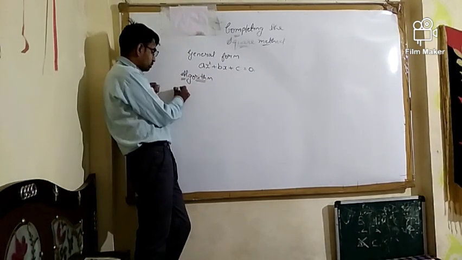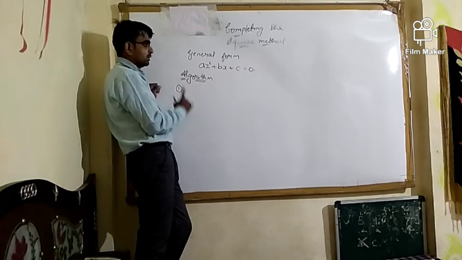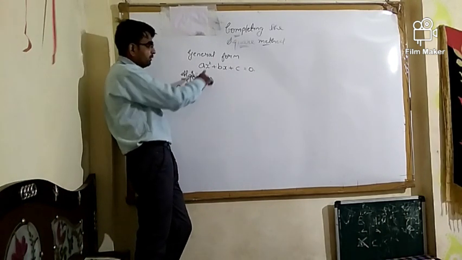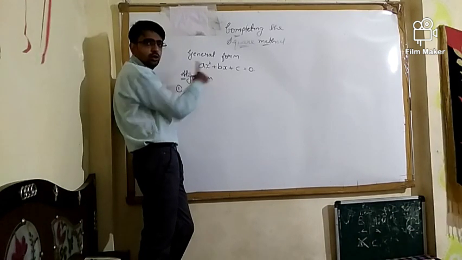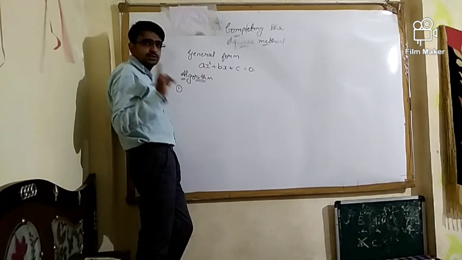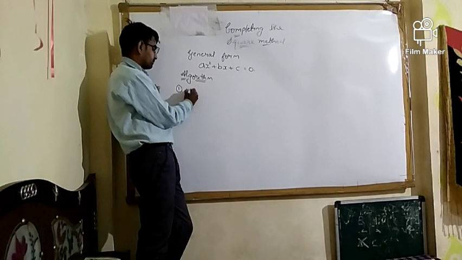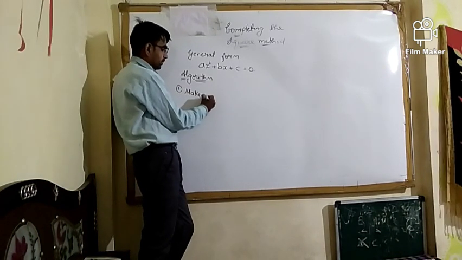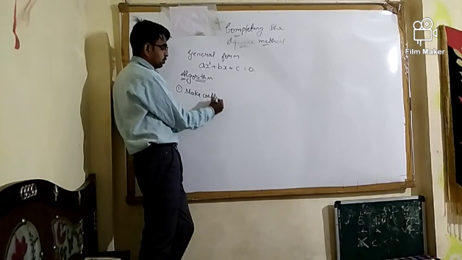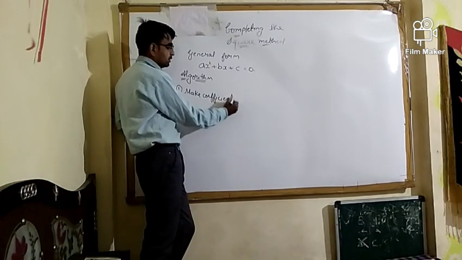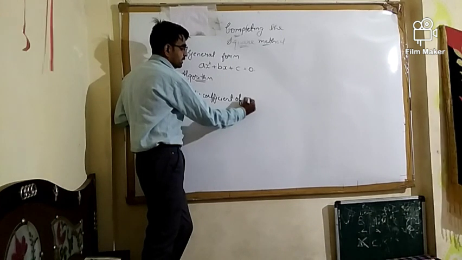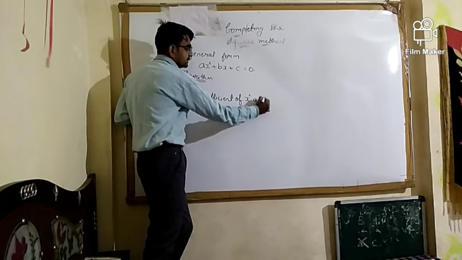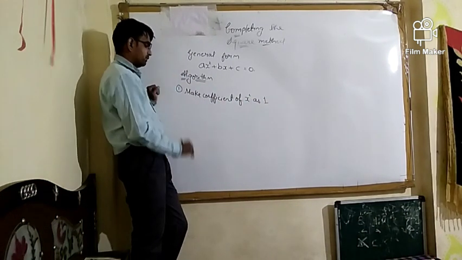Our first step is to make the coefficient of x square as 1.